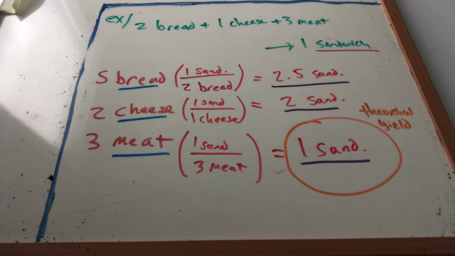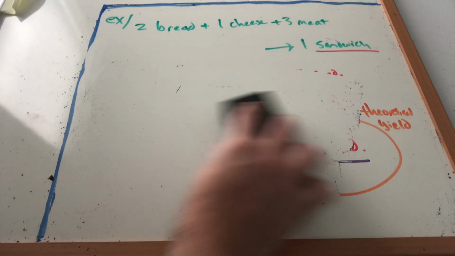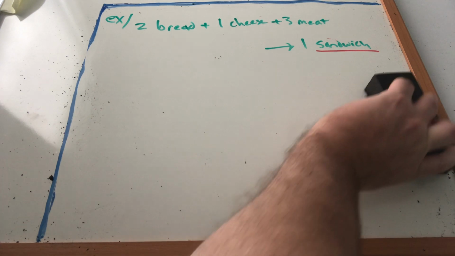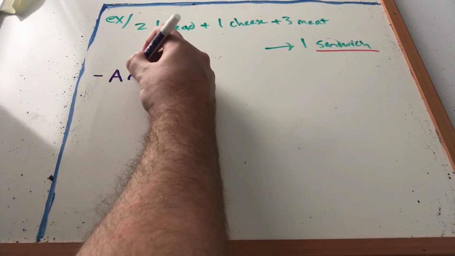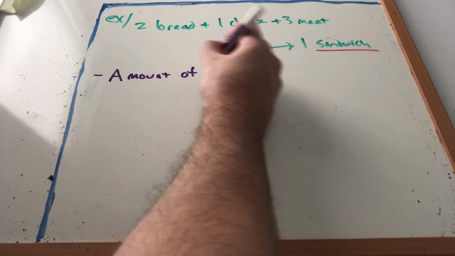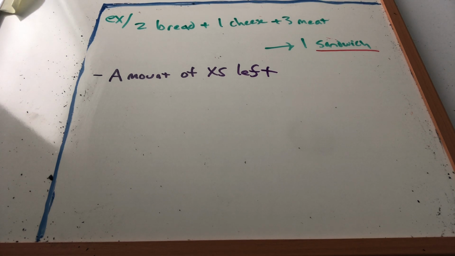Right. So here we've made a prediction based off information that's given. But now we could do some other predictions. Well, how many pieces of bread are left? And how many pieces of cheese are left at the end of the process? Okay. So sometimes we're asked to calculate excess information. And that's where we use step 3 of the process.